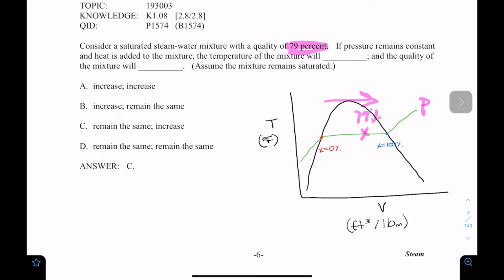Since I'm saturated, the temperature is going to remain the same, right? But what's happening to the quality? Since I'm adding heat, I'm increasing the quality. Therefore, Charlie is my answer.